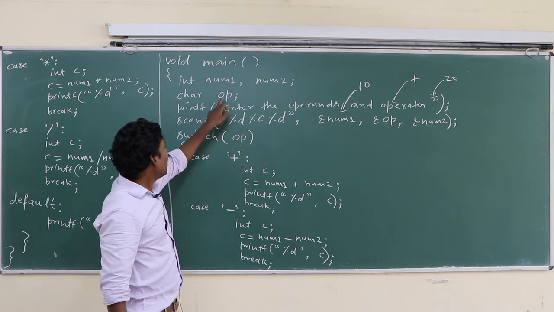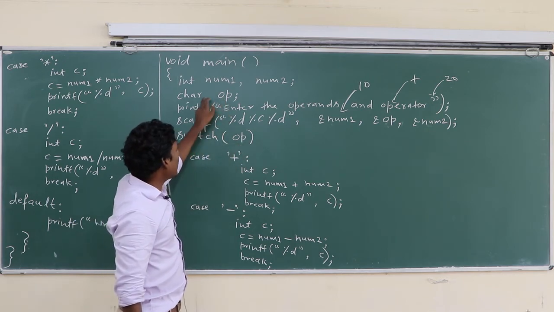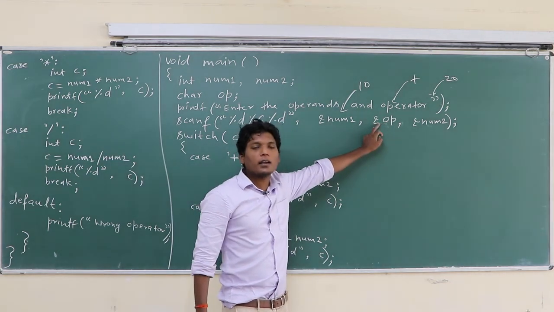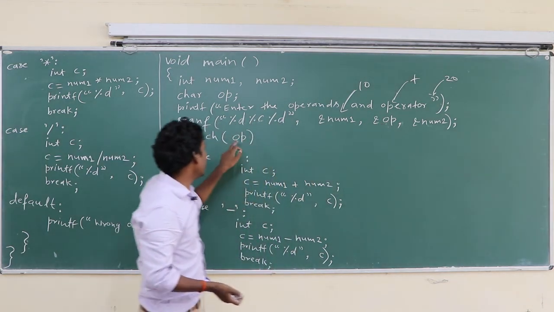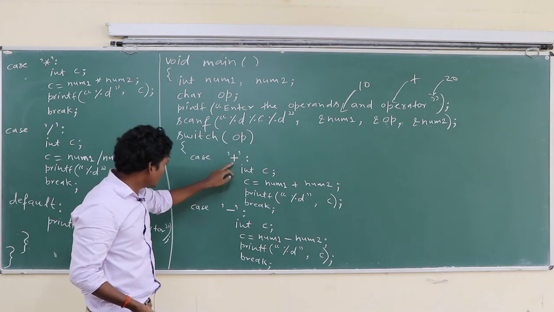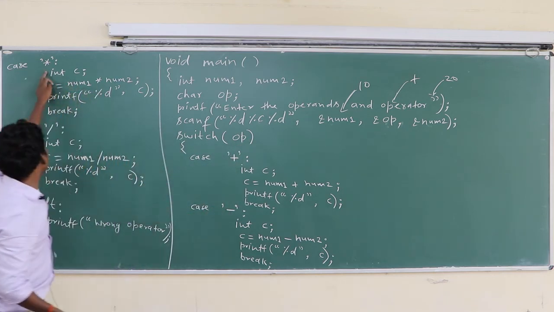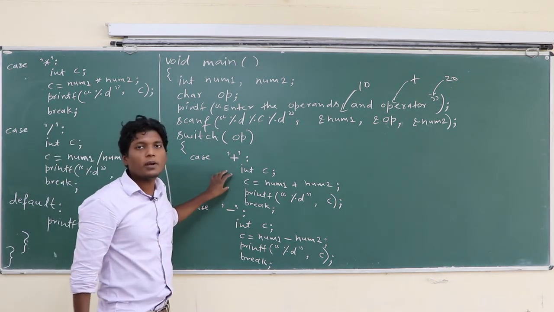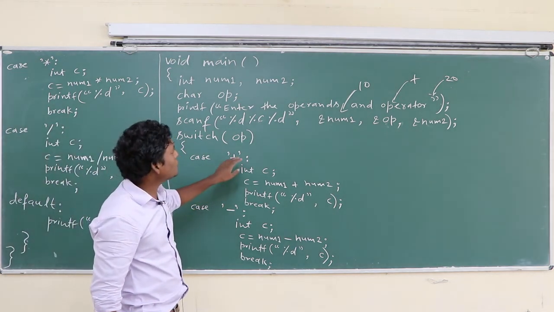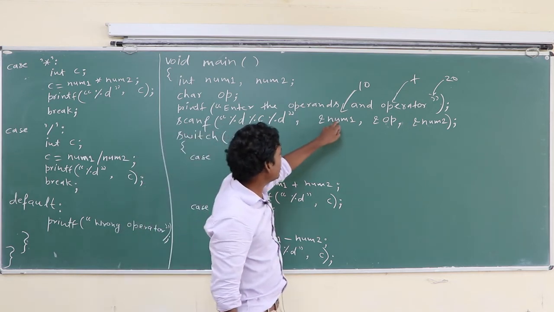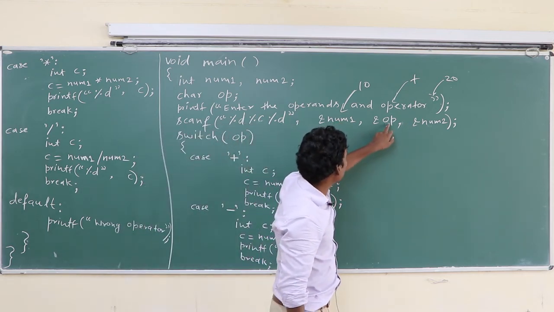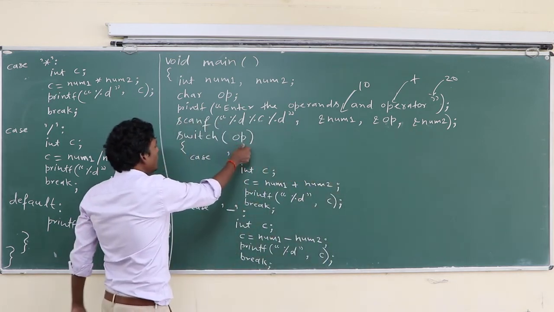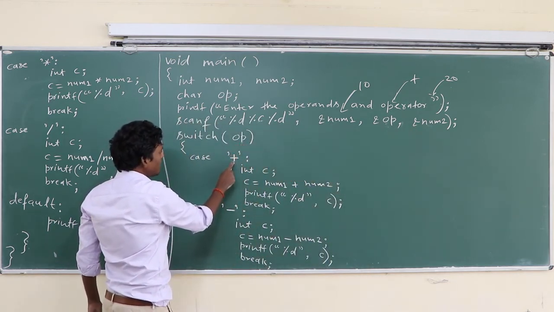Because op is a variable of char type, and the user inputs a character constant, suppose plus, this plus matches the cases, and the case that is true will execute. So here will be plus, and this plus matches with this plus.